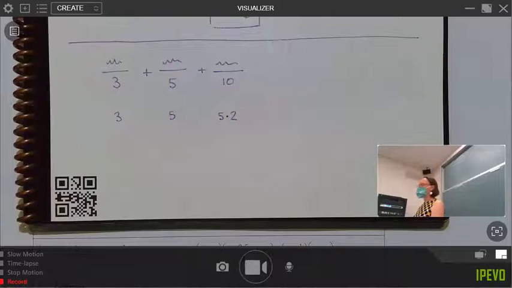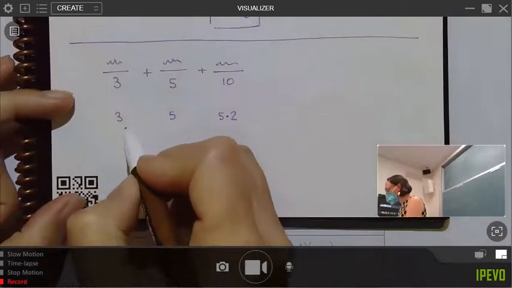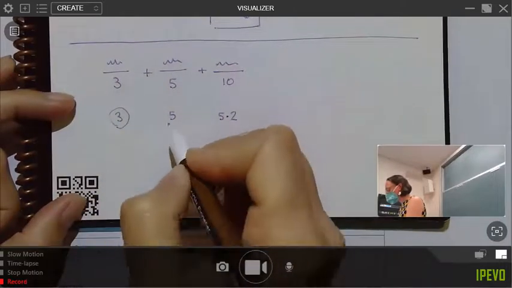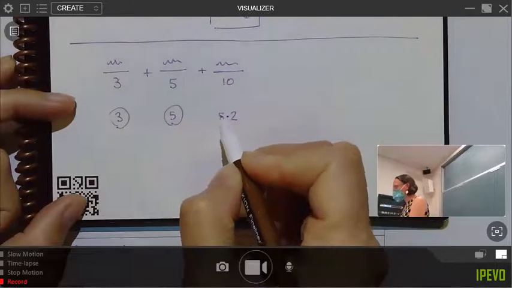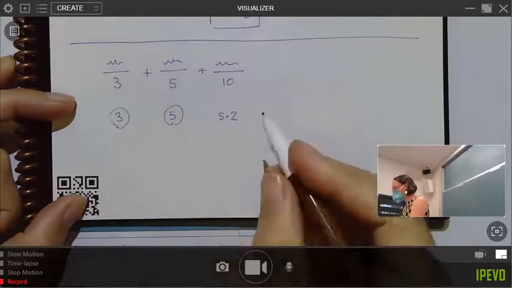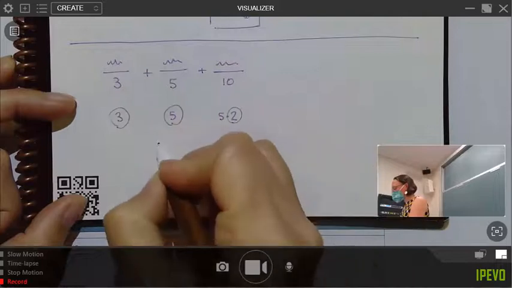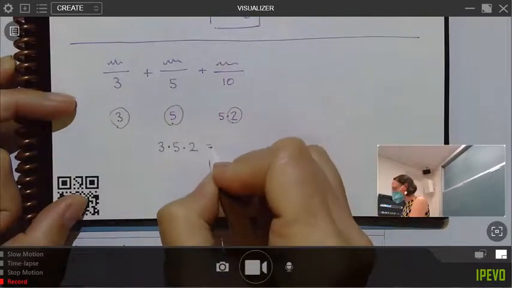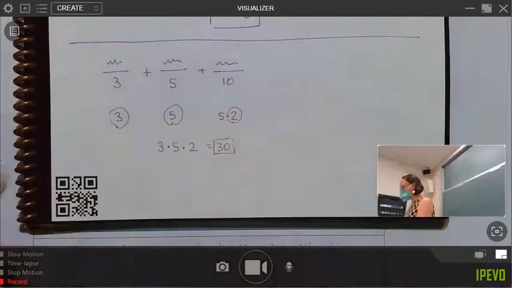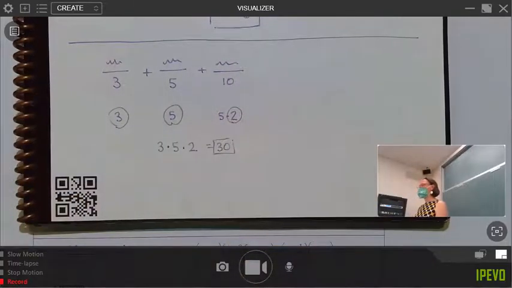Then to get the lowest common denominator, I need to take every factor exactly once. So I need a 3 and I need a 5, but because I've already taken a 5, I don't need another 5, but I do need the 2. So 3 times 5 times 2, or 30, would be my lowest common denominator.